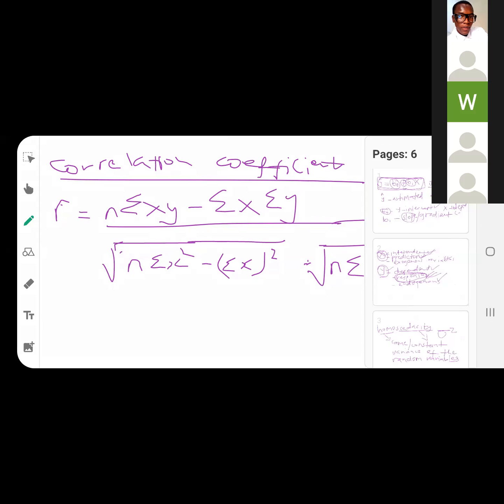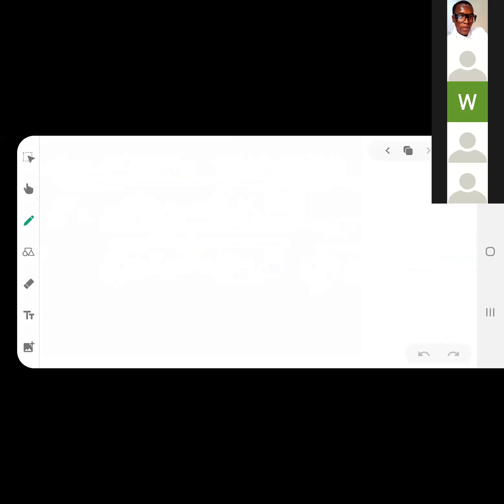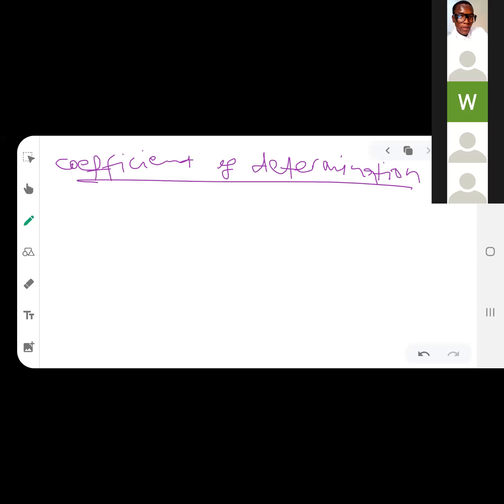Now we are talking about another coefficient, which is what we call the coefficient of determination. Make sure you don't confuse them. Coefficient of determination is not the same as coefficient of correlation.